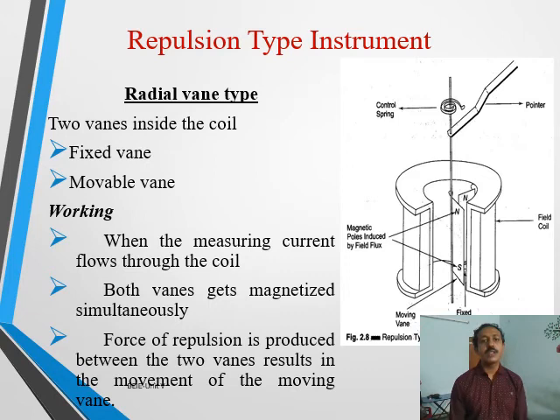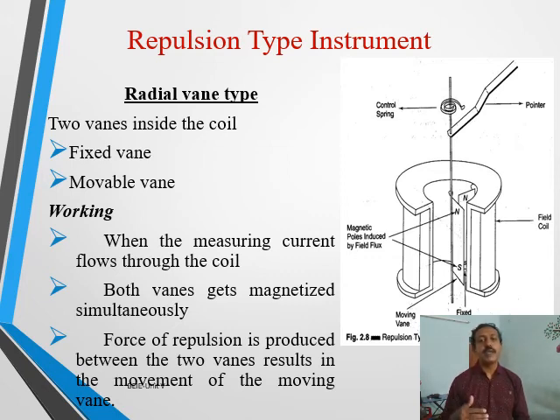This is about the construction. Next, if you look at the working, when the measuring current flows through the field coil, it gets magnetized, and both the vanes also get magnetized simultaneously. A force of repulsion is created between the fixed vane and the movable vane. The fixed vane will repel the movable vane away from itself.